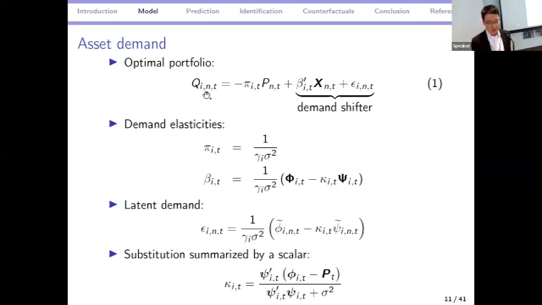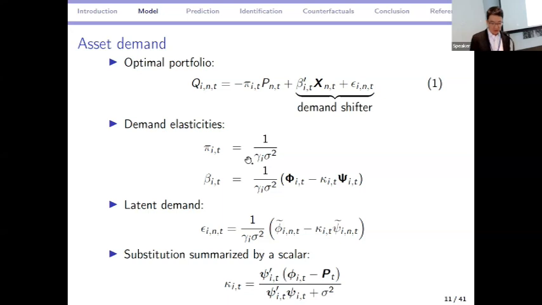So the portfolio holdings of investor I for asset N, let's say NVIDIA, at time t, is a function of the price of NVIDIA shares, the characteristics of NVIDIA shares like profitability, that's the X, and some unobservables that investors have about NVIDIA, like how bullish are you about AI, and that's in epsilon. So what we call price elasticity is this pi IT, which is heterogeneous across investors. And what we call a demand shifter is this part that depends on observed characteristics, and what we call latent demand is epsilon.